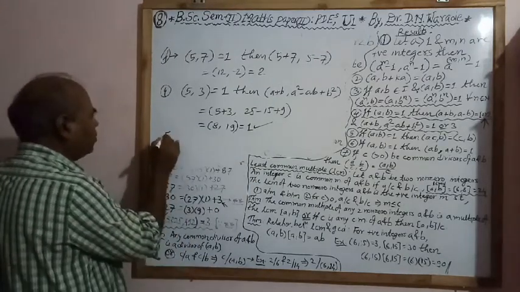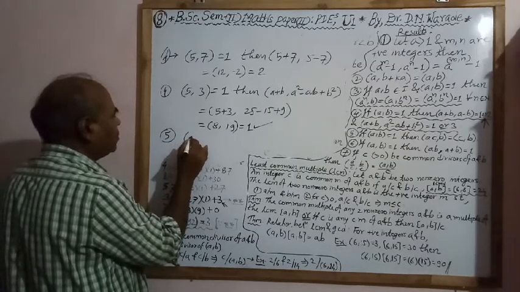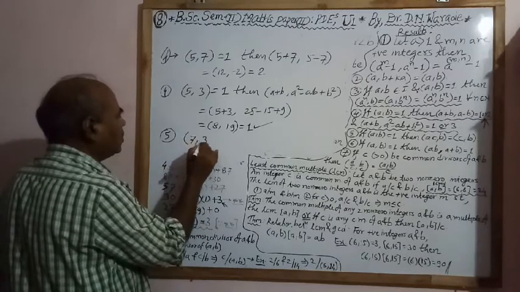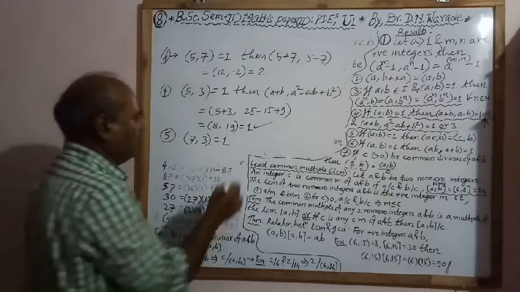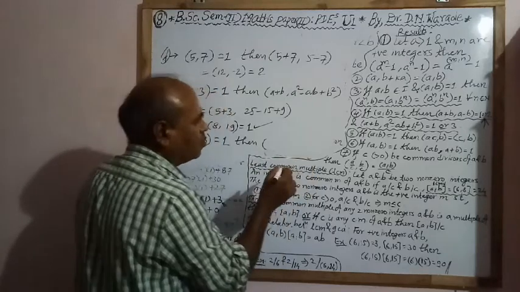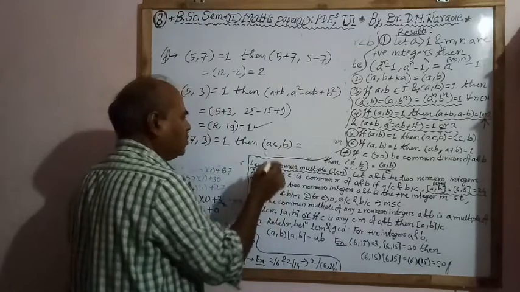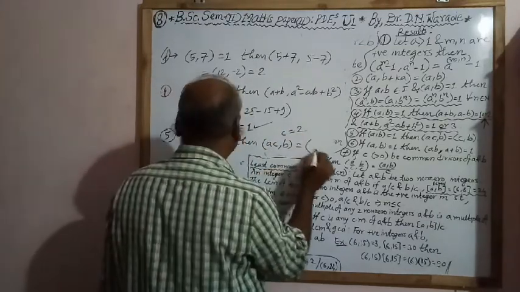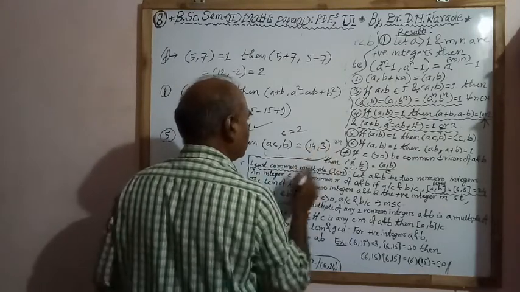Now if GCD is 1, we take another example, the numbers 7 and 3. GCD of 7, 3 is 1. Then GCD of AC, B. We take C equal to another number, 2. Therefore 7 into 2 is 14, comma B, 3.